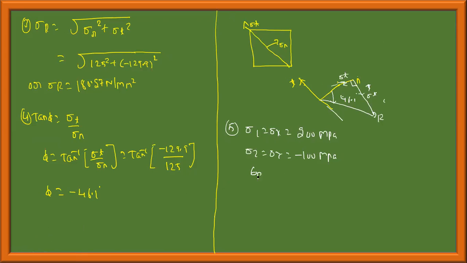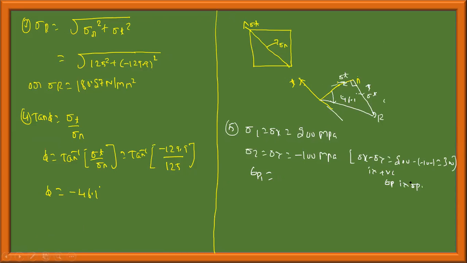Theta p1 obviously will be sigma x minus sigma y, which is 200 minus of minus 100, equal to 300, is positive. Therefore, theta p is theta p1 only.